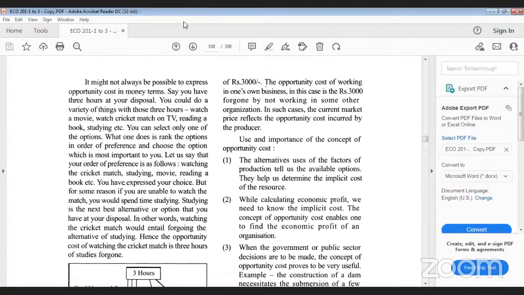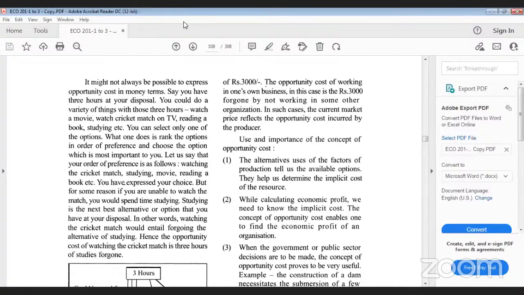The current market price reflects the opportunity cost incurred by the producer. Use and importance of the concept of opportunity cost. First, the alternative uses of the factors of production tell us the available options and help us determine the implicit cost of the resource.